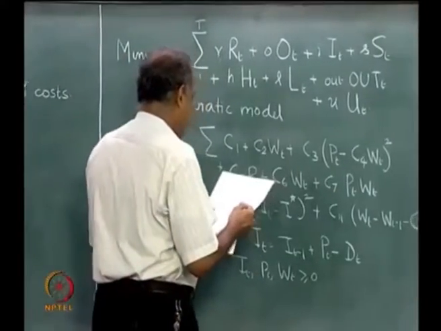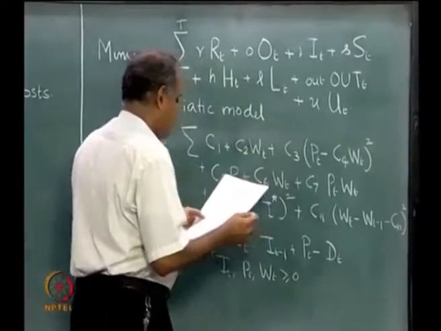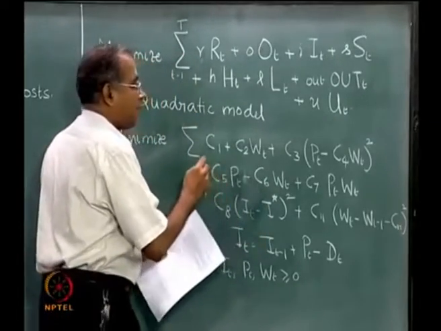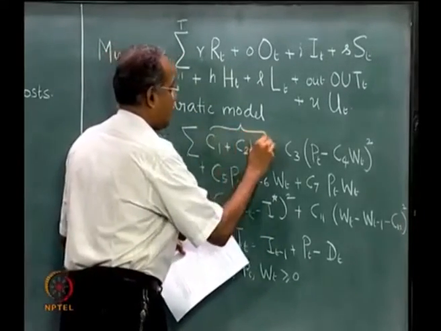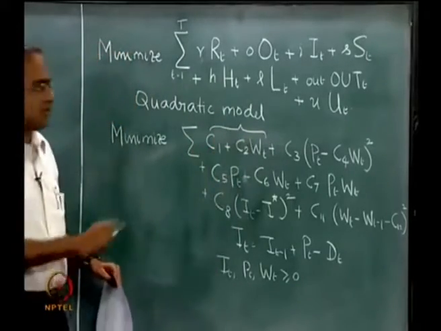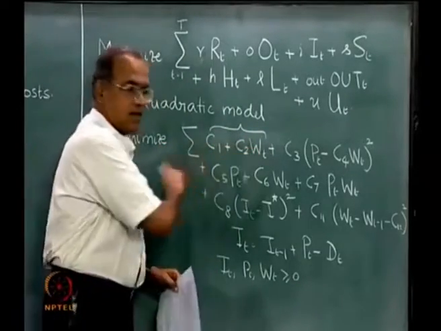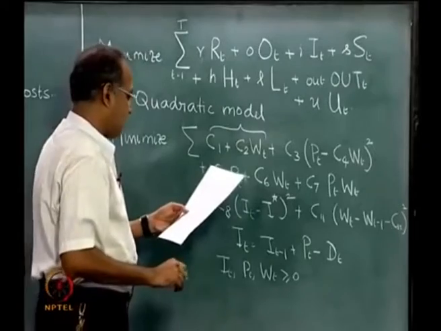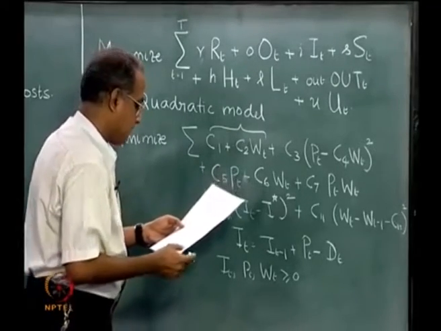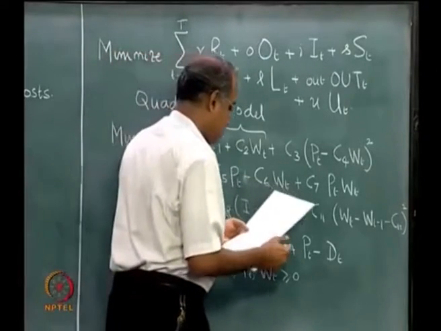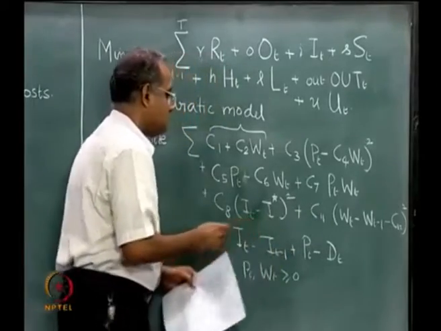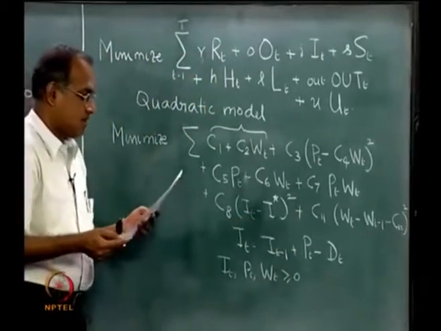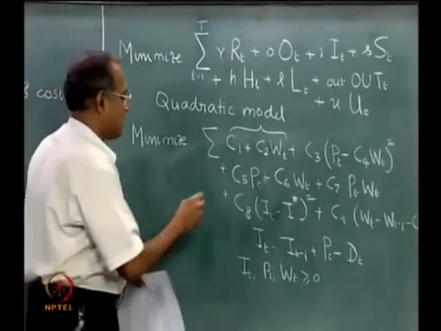Now, it has regular time payroll cost. There is a fixed component and a variable component. Now, there is an overtime cost, there is an inventory cost, and then there is a workforce changeover cost.